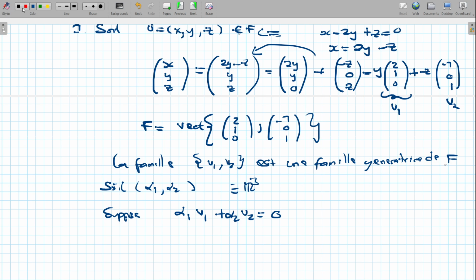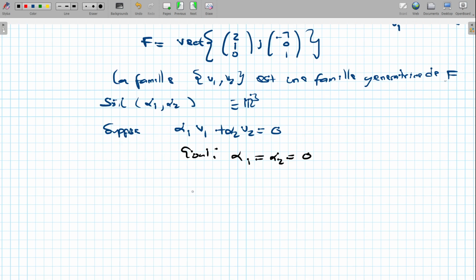Our goal is to show that alpha 1 and alpha 2 are equal to 0. So let's do that. Alpha 1, and then let me get back to the original color.